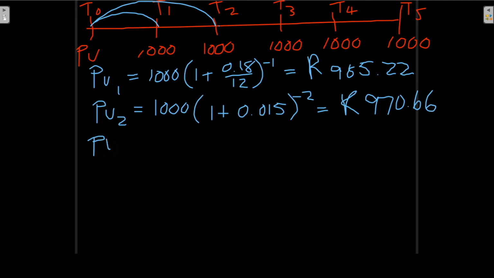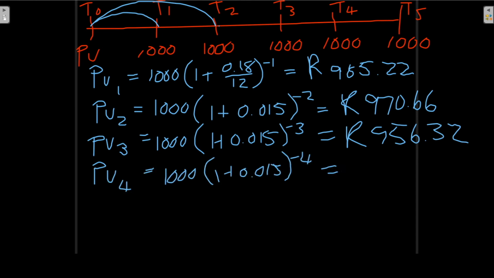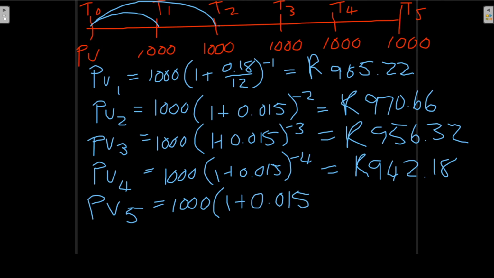And I can do it for the third payment. And the last payment, I move it back 5 time periods, so that is why it is to the -5.